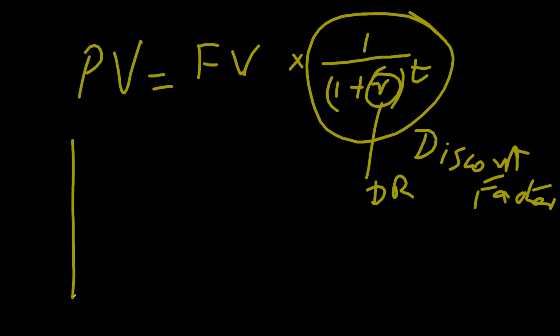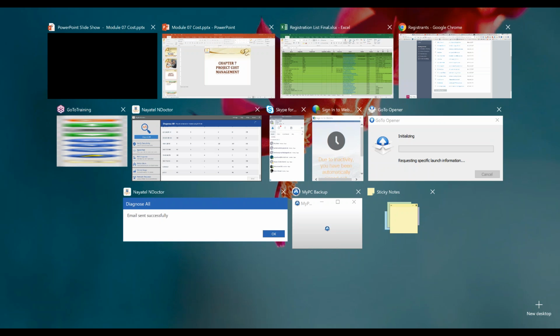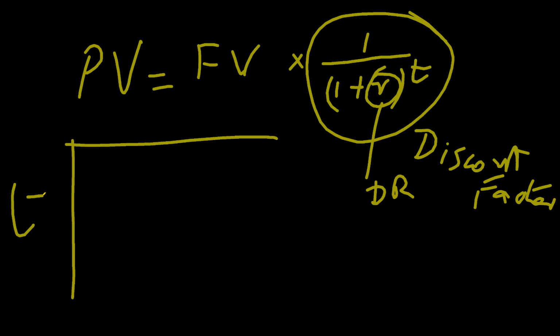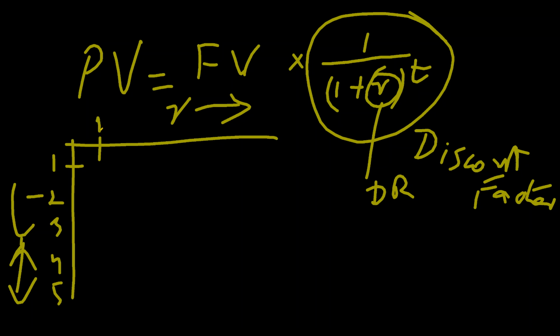So if I can make a matrix, write all the times here and all the R's here, like you see, year 1, 2, 3, 4, 5, and here I can write R 1%, 2%, 3%, 4%, 5%, and so on.